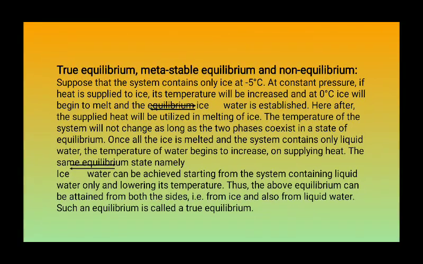True equilibrium. Suppose that the system contains only ice at minus 5 degrees. At constant pressure, if heat is supplied to ice, its temperature will increase and at 0 degrees C the ice begins to melt and the equilibrium between ice and water is established.